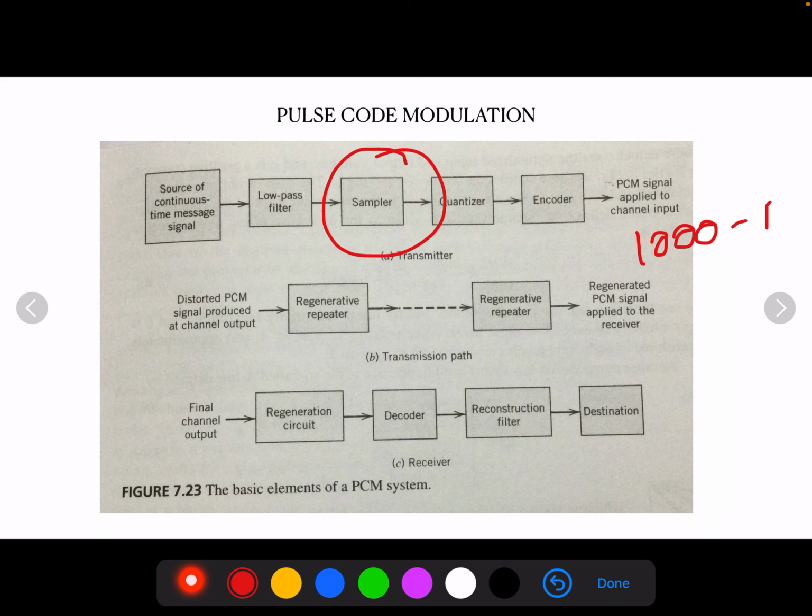The use of a non-uniform quantizer is equivalent to passing the baseband signal through a compressor and then applying the compressed signal to a uniform quantizer.